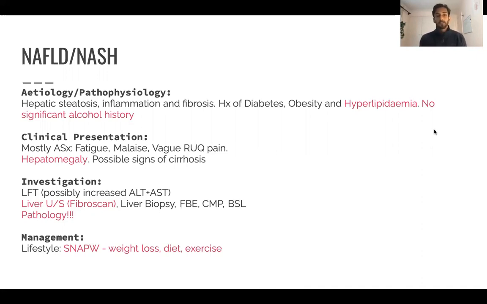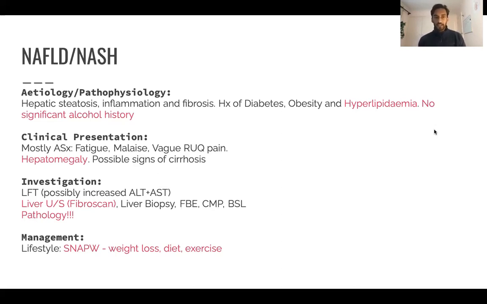In terms of your clinical presentation, it is a bit hard to get just from history, but you get it in the description with a high BMI, etc., plus hepatomegaly, and maybe some signs of cirrhosis depending on the severity of the condition. The important stuff is your investigation. Now, liver ultrasound, like a fibroscan, is a classic thing that you might do in clinic, but the most important thing is pathology here.